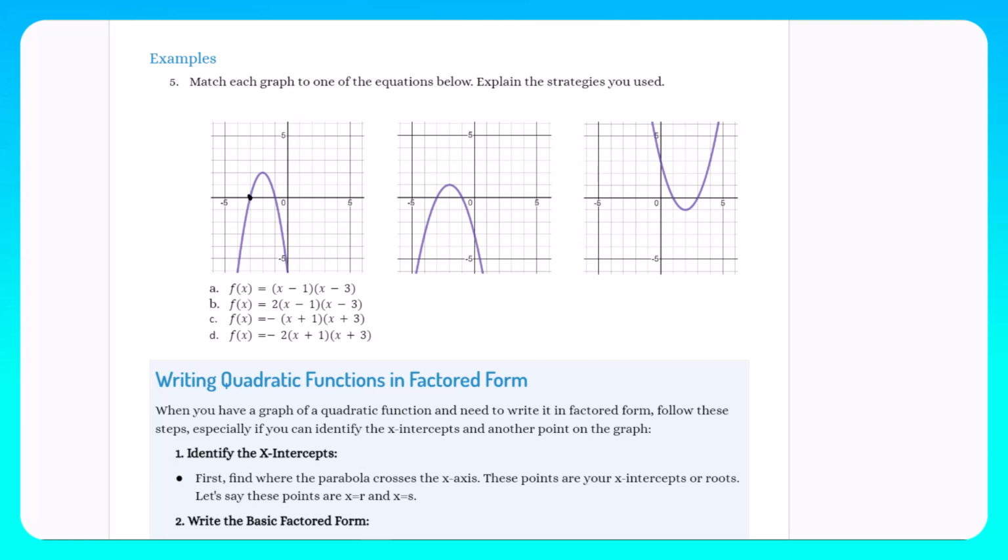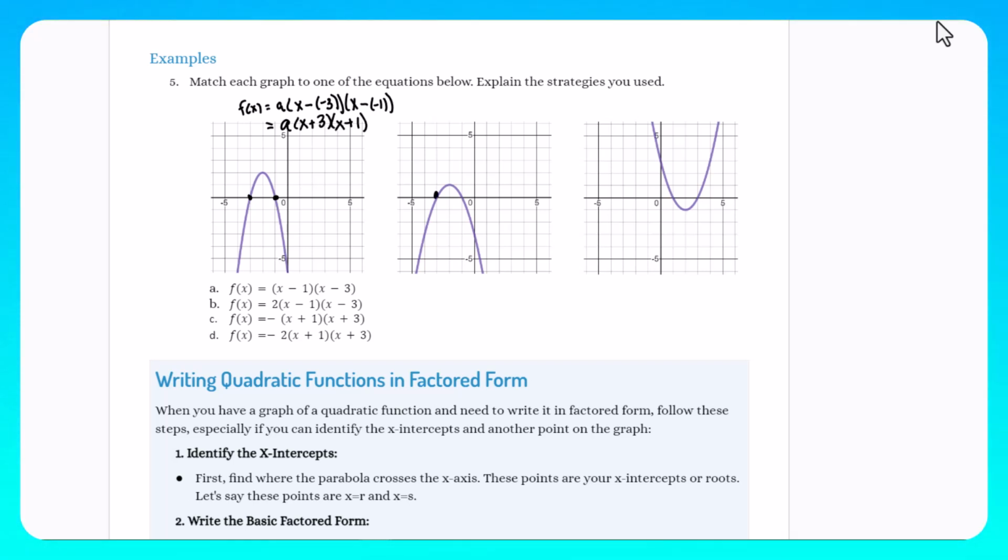We know that if we have those intercepts, which in this case is at -3 and -1, we can say that f of x equals a times x minus -3 and x minus -1. So these have two negatives, which means we have a times x plus 3 and x plus 1.